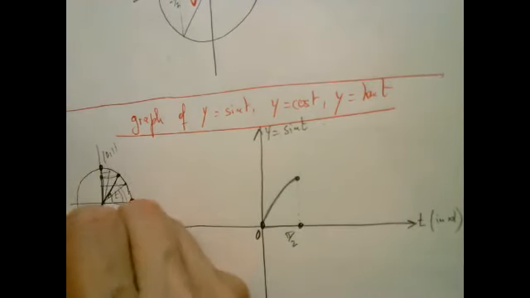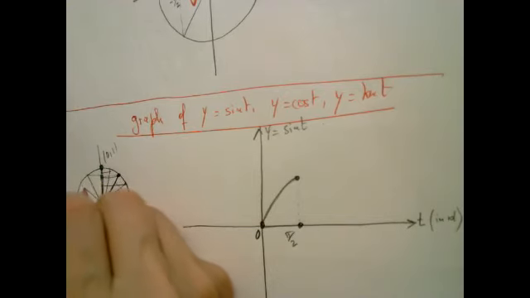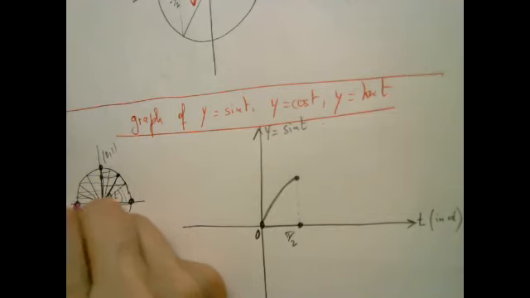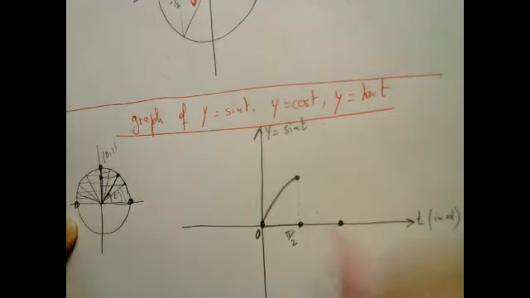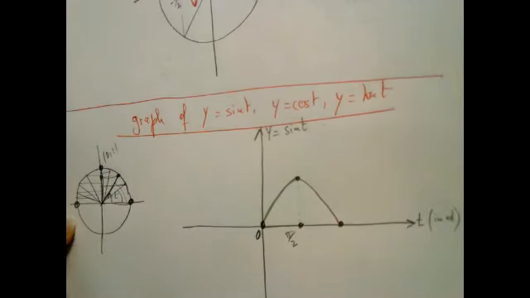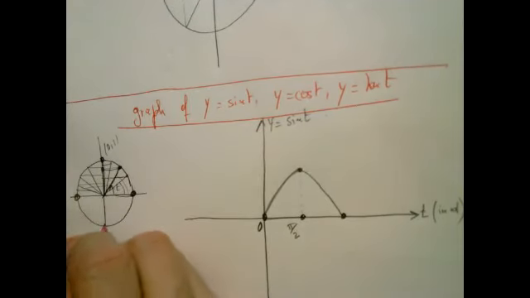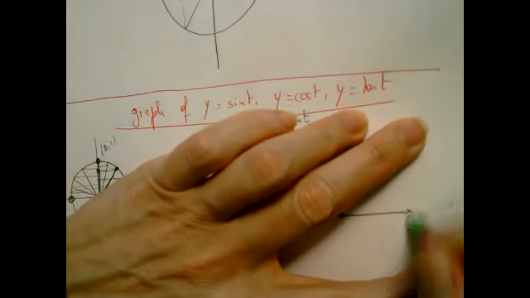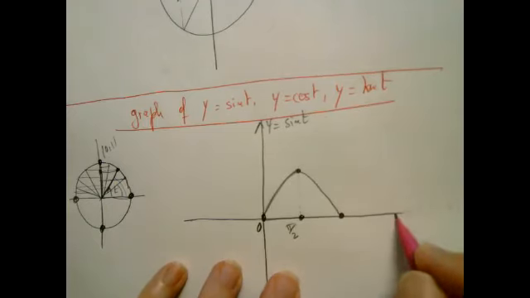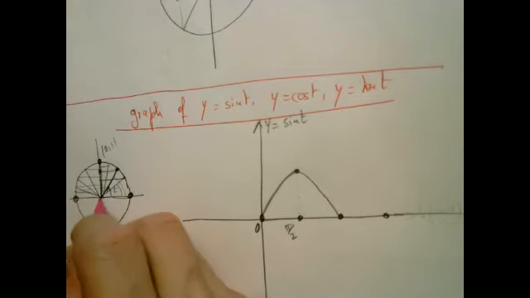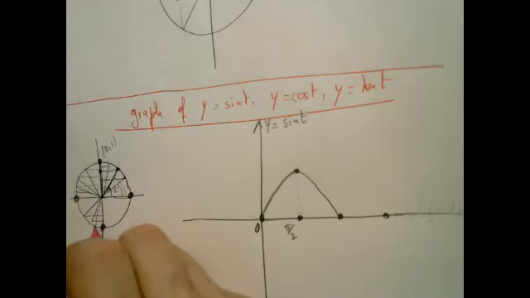Now after that, the sine, which is the y coordinate, starts losing value. It's positive, but it keeps losing value up to pi. Between pi over 2 and pi, it's decreasing in value. And then after that, at 3 pi over 2, right here, the sine is -1, but in between, the sine is negative, getting more and more negative.